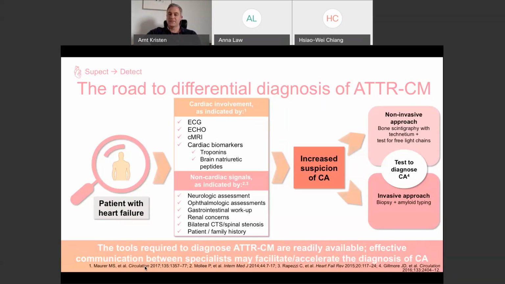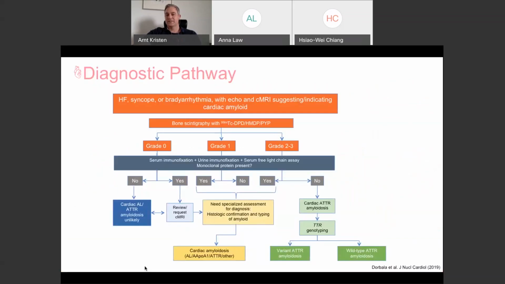And this has been incorporated in a diagnostic pathway, an algorithm that starts with clinical symptoms including heart failure, syncope, bradyarrhythmia, and so on.